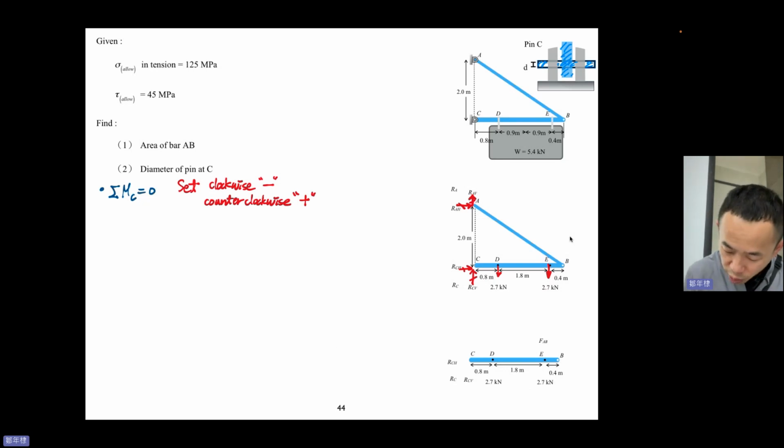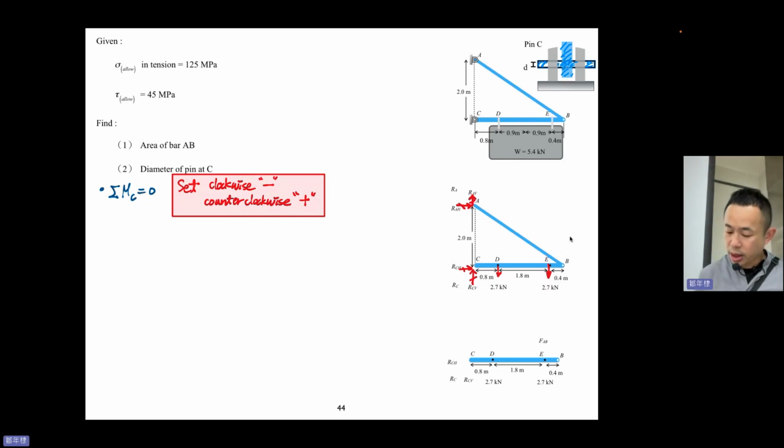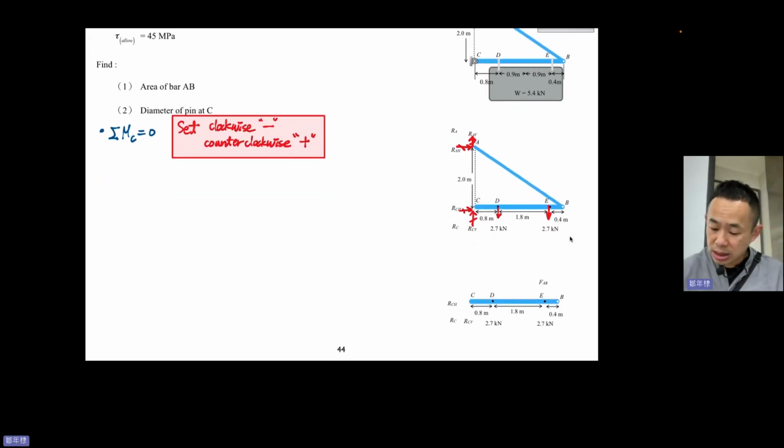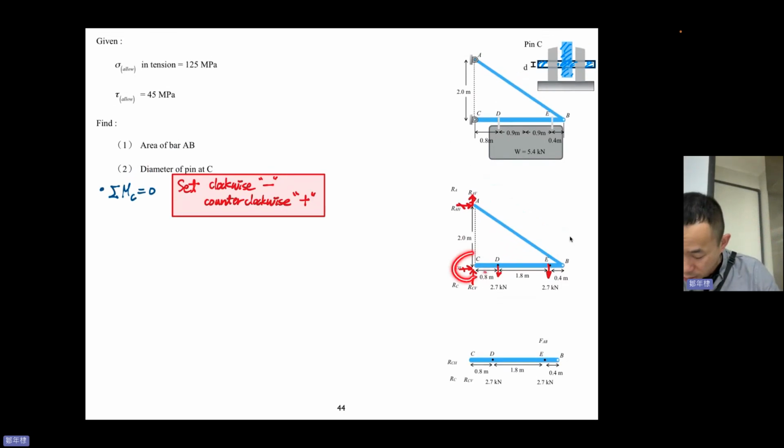Okay, this is really important. Okay, we set that, and we set the C point as the origin.